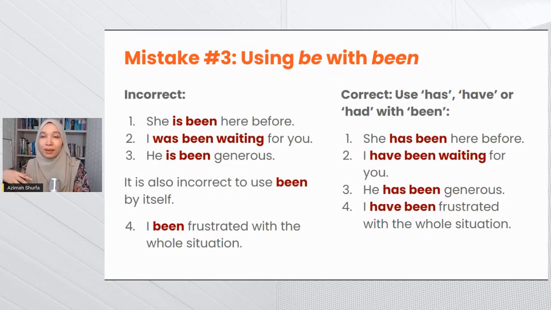When you're speaking, especially if you're speaking quite fast, you might not even hear have. So they just say, I've been here before. But when you write, you have to be careful. You have to insert has, have, or had. Okay? All right. Great. So that's mistake number 3.